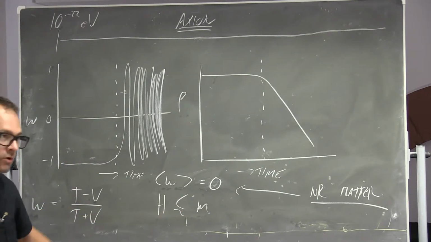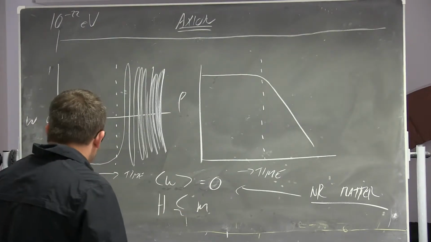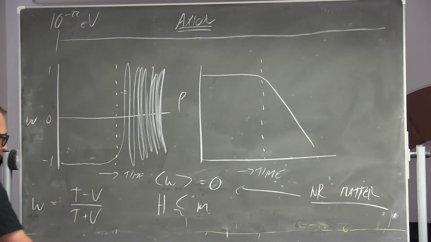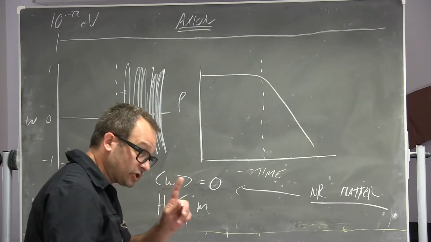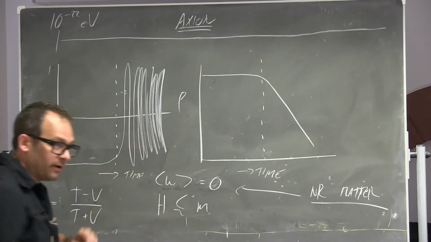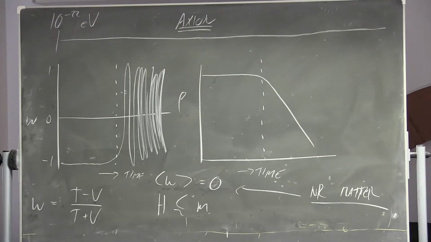So what do you average over? In effect, you're averaging over whether the energy is in kinetic or potential. So you're basically doing this average for this scalar field. And when you do that, then for a potential that has just a mass term, this is what you get. If it's not a mass term, you get something else. Okay, just to be clear.